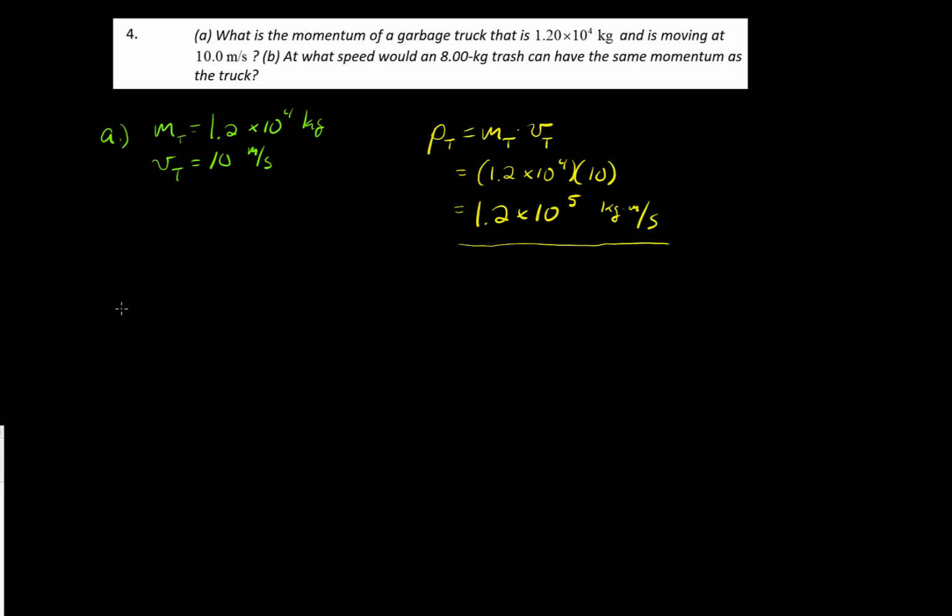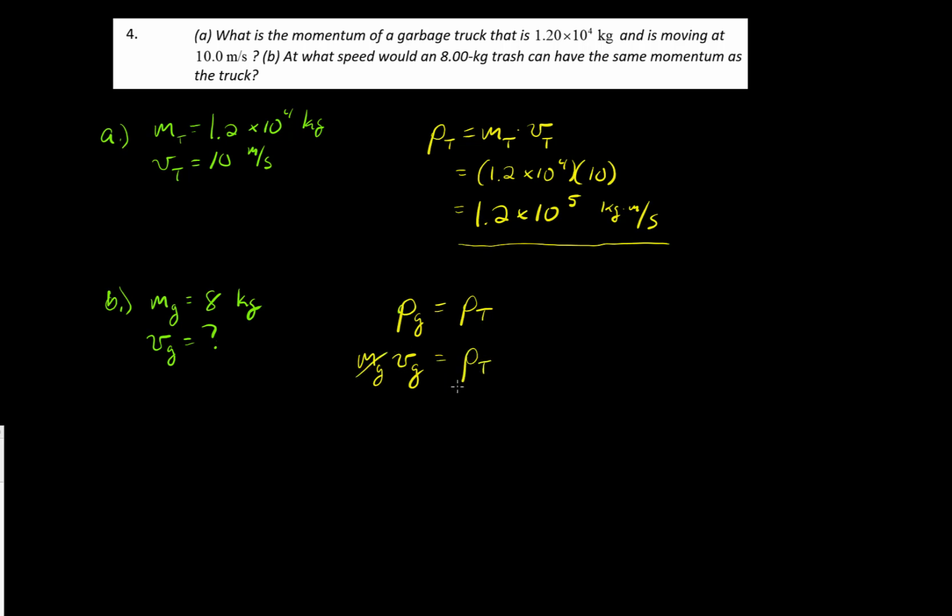Part B says a garbage can. If the mass of a garbage can is 8 kilograms, how fast does the garbage can have to travel such that it has the same momentum? So we want the momentum of the garbage can to be equal to the momentum of the truck. We have the momentum of the truck, so we're working on this side. The mass of the garbage can times its velocity is equal to the momentum of the truck.